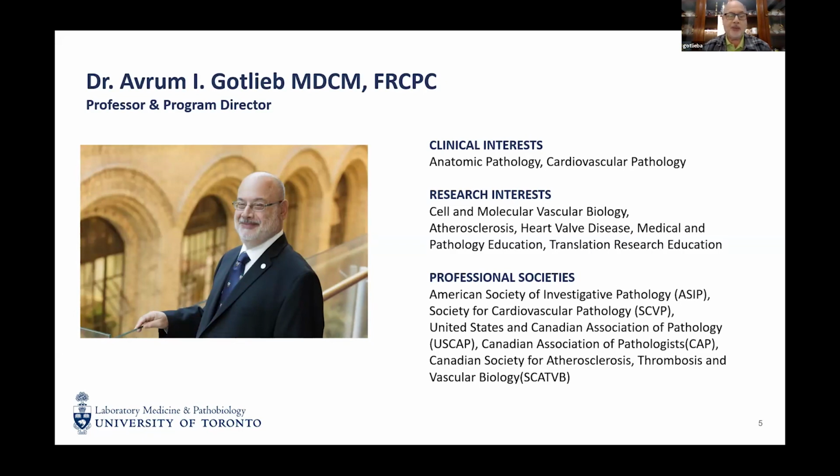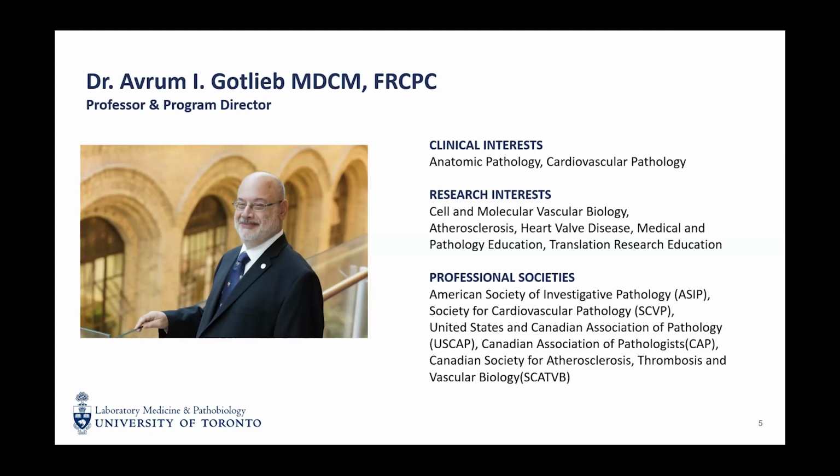So, as you can see, I'm an anatomical pathologist. My interest is in cardiovascular pathology, but at the present time I am the program director for this whole program. And we're very excited this year to welcome our fifth cohort of students into the program.